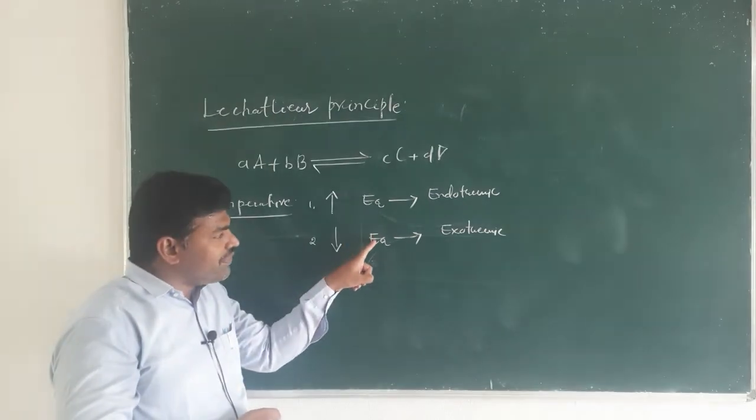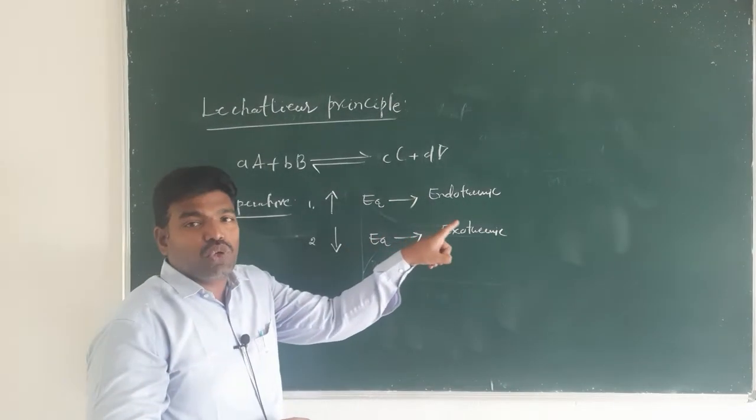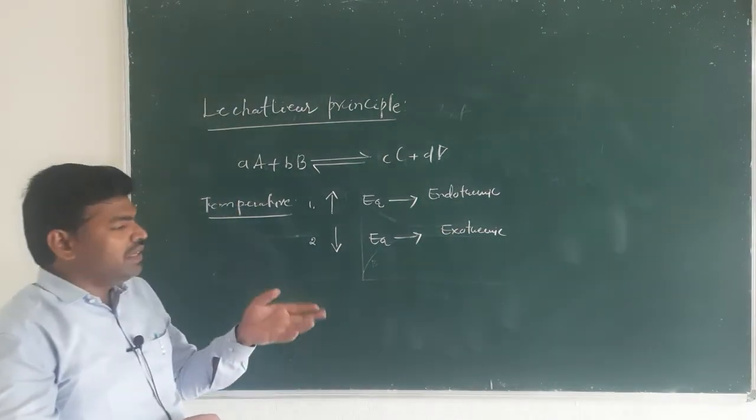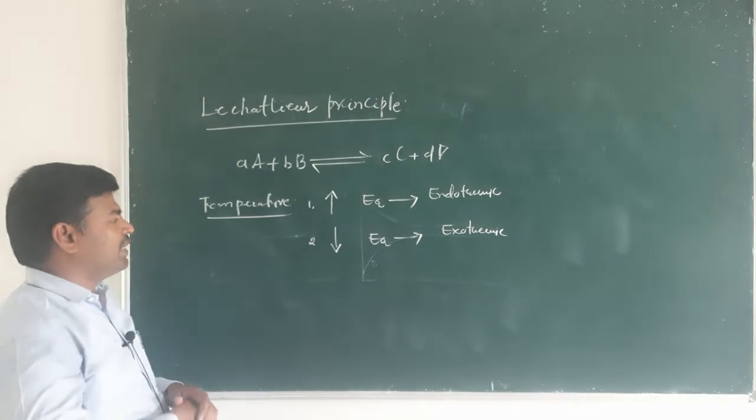Then equilibrium shifts in the direction of exothermic reaction, that is the direction in which heat is liberated. So if we increase the temperature, equilibrium shifts towards endothermic, and if we decrease the temperature, equilibrium shifts towards exothermic reaction. That is the effect of temperature on the equilibrium state.